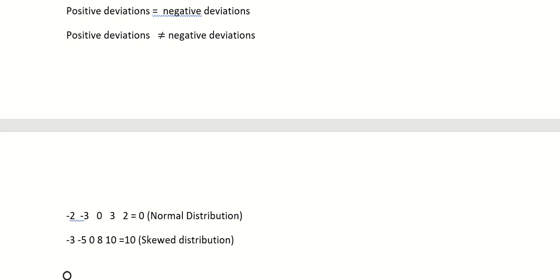So moving forward, what is the fourth test? The fourth test is frequencies are not equally distributed at points of equal deviation from the mode. So basically, I'll just write it down, then we'll discuss.